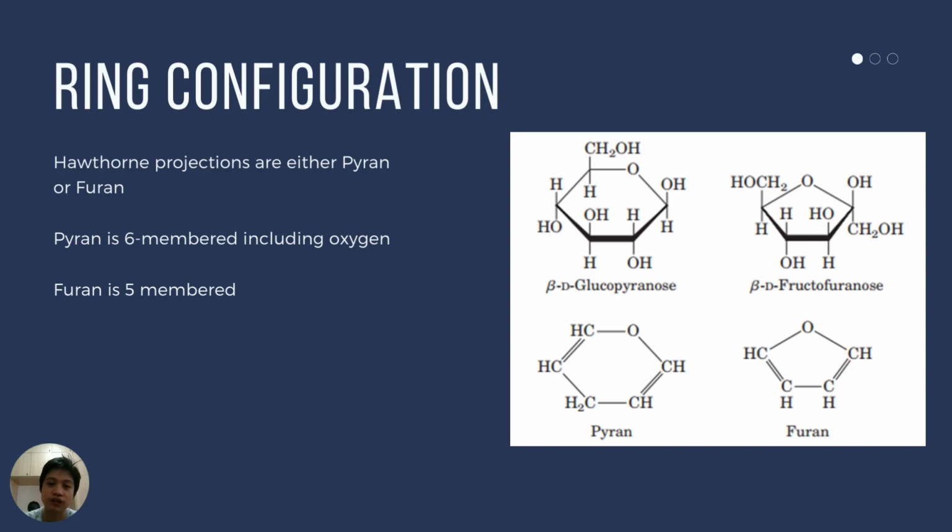From oxygen, that's member 1, 2, 3, 4, and 5. Okay? The other 2 carbons are represented as side chains. So a pyran, again, is 6-membered, and a furan is 5-membered, including the oxygen.